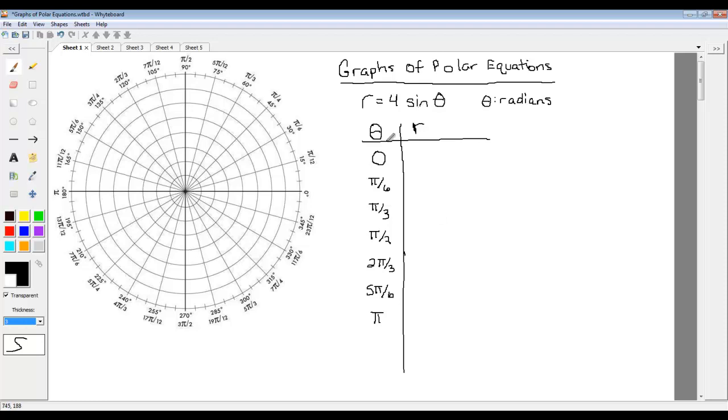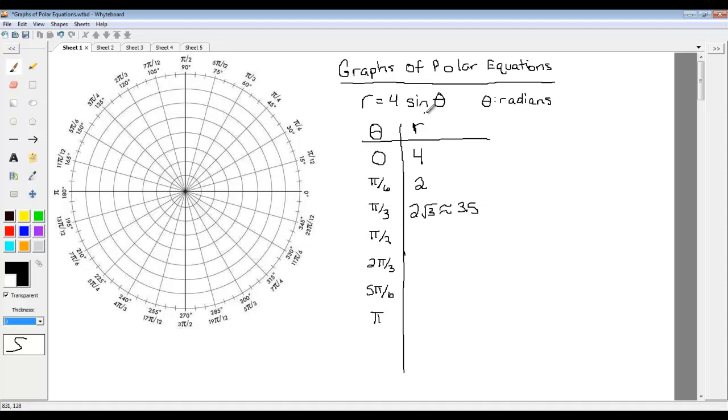Alright, if you put in 0, sine of 0 is 0, times 4 will be 0. Just plugging in for theta. If you put sine of pi over 6, you'll get 1/2 times 4, you'll get 2. Sine of pi over 3, you'll get square root of 3 over 2 times 4. You're going to get 2 square roots of 3, which is roughly 3.5.